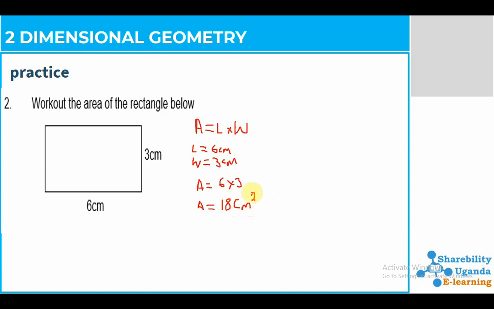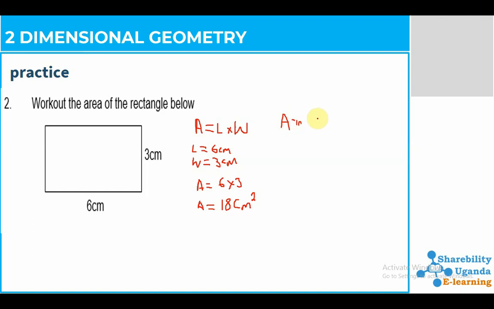Okay, why am I putting this? When you are measuring area, area is measured in centimeters. Okay, area is measured in what? In centimeters.